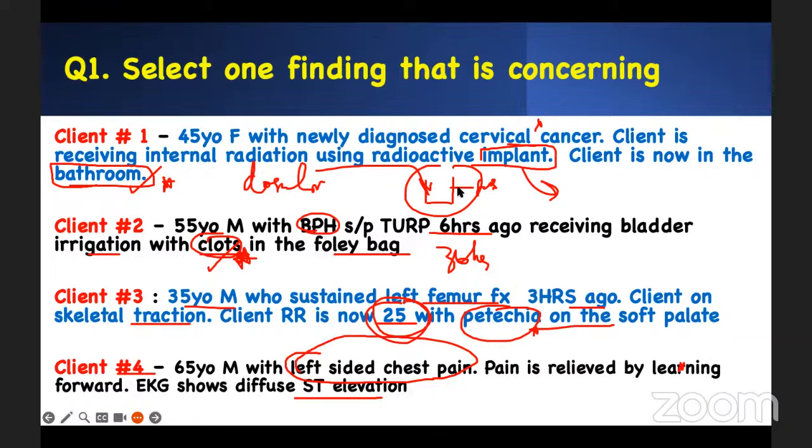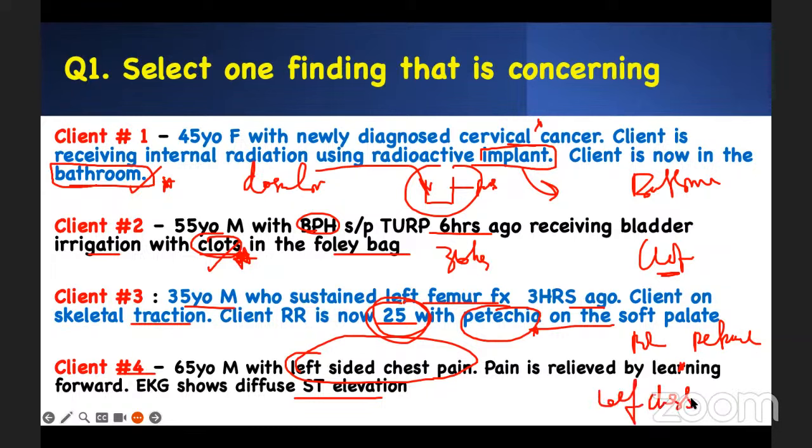So which one is concerning? I've underlined. Being in the bathroom is concerning, right? Clot in the Foley is concerning. Respiratory rate and petechiae for patient 3 is concerning. And the last, number 4, is what? Left-sided chest pain. I said just select one.